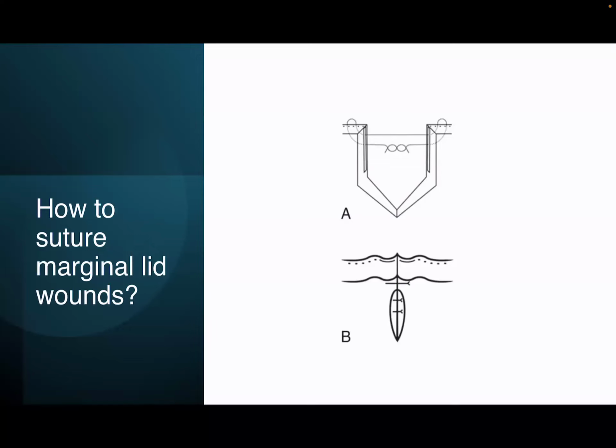The vertical mattress is placed within the tarsus with a non-absorbable suture, for example polypropylene 6-0, because it's very clear. The knot should be buried within the tissue of the tarsus. Then further suturing of the tarsus can be done, and closure of the skin of the lid is done at the end.